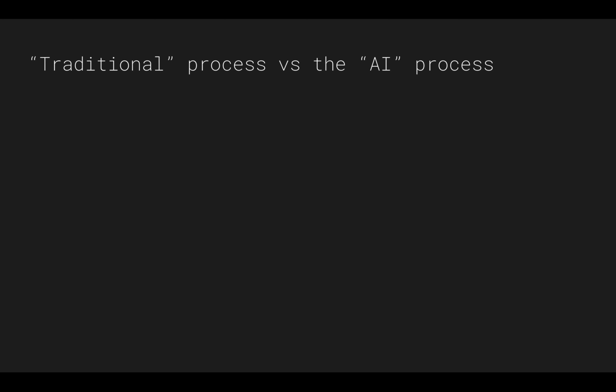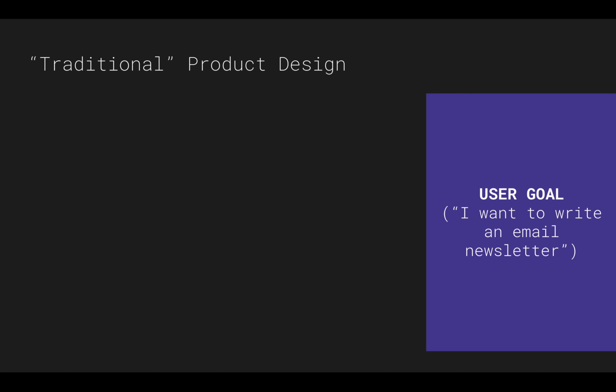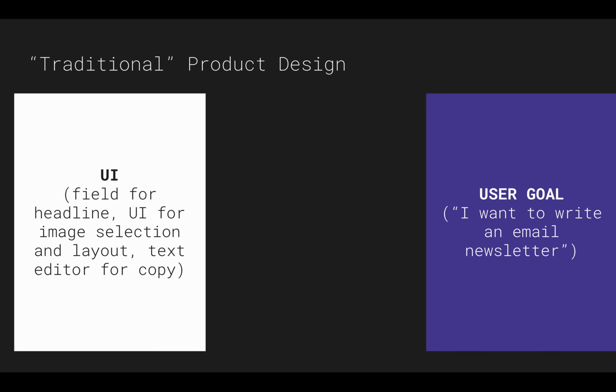The key thing that I think is important to understand is just how much this model pipeline can change how designers are accustomed to building experiences and processes for customers. So let's talk about the traditional product workflow. Usually these start with a user goal, like I want to write an email newsletter. With that user goal in mind, we, the designers, spec out what that means.